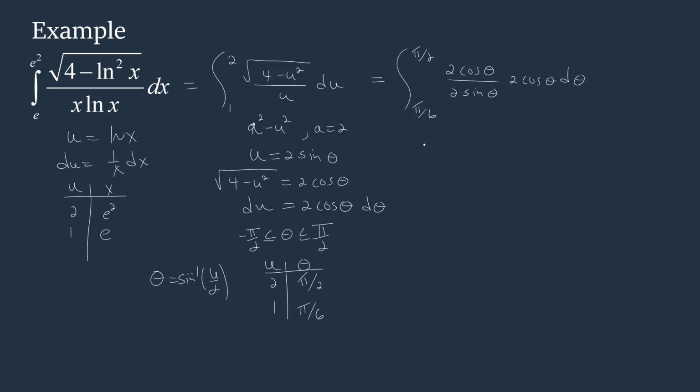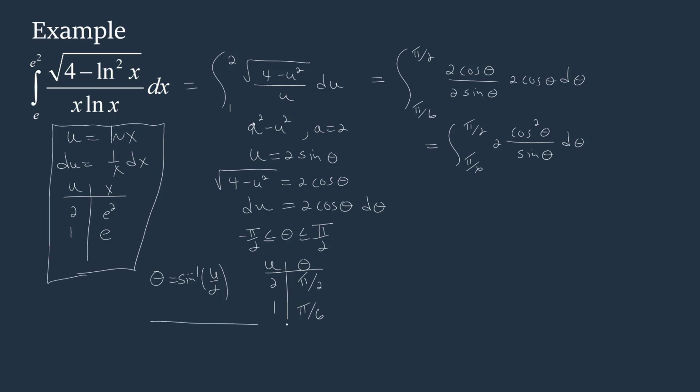So just cleaning that up, that gives us the integration from pi over 6 to pi over 2 of 2 times the cosine squared of theta all over the sine of theta d theta. I'll just put little boxes around the work. This was for the first integral. All this mess here, this was all for the second integral.